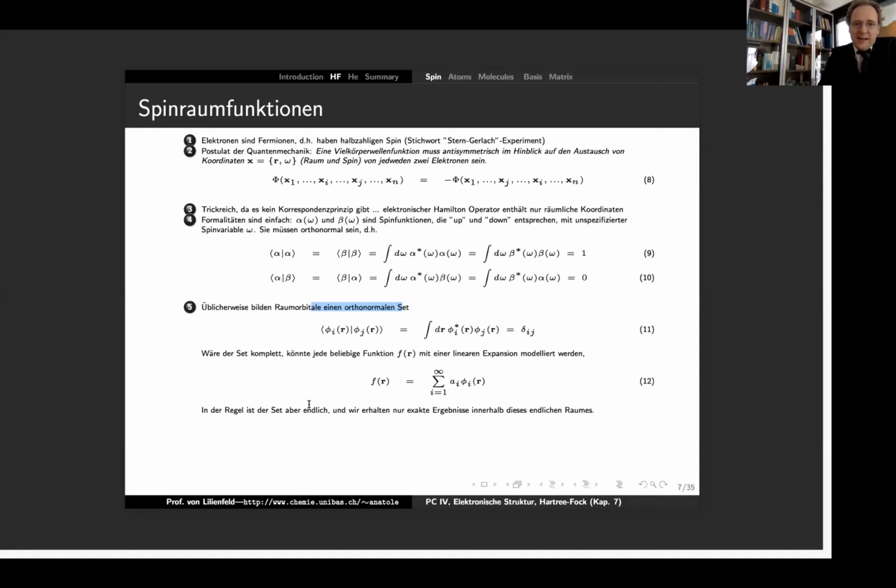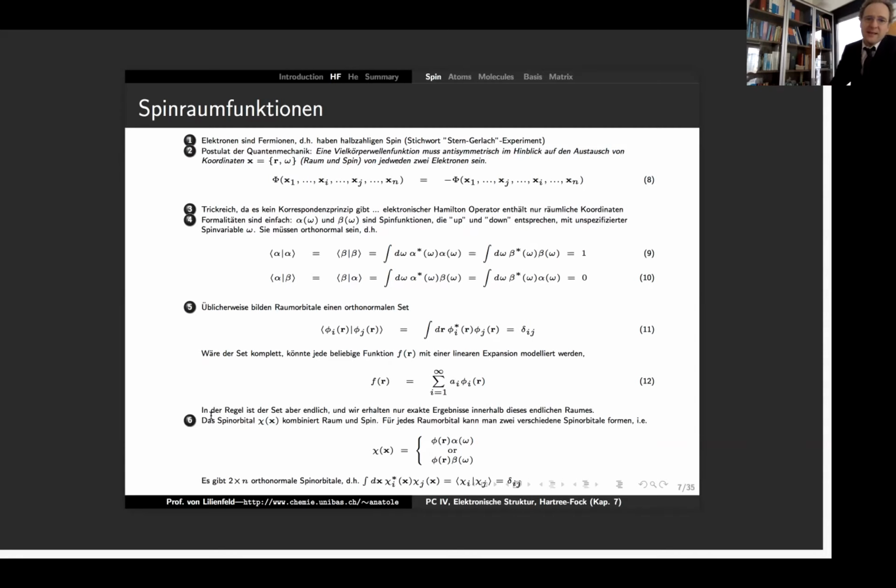But in practice, of course, we don't have infinity, but a finite set. And so it's only within certain restricted spaces that we can get reasonable predictions.